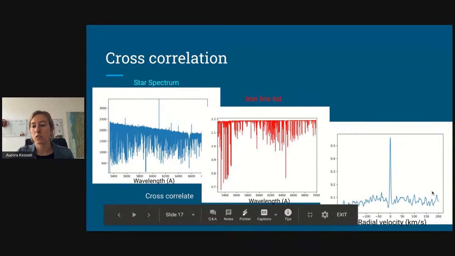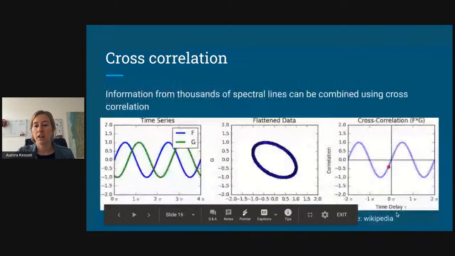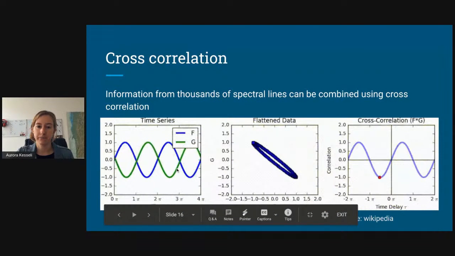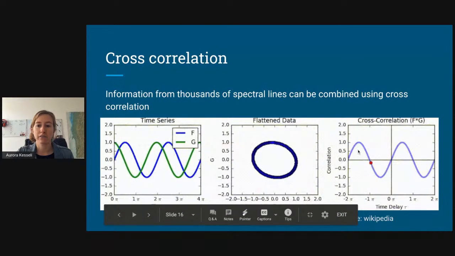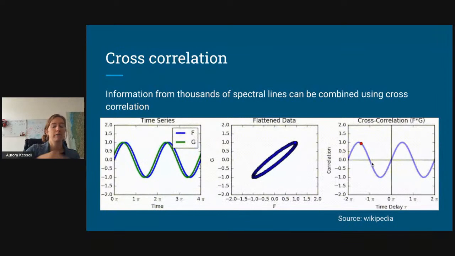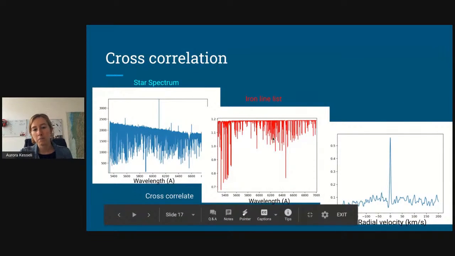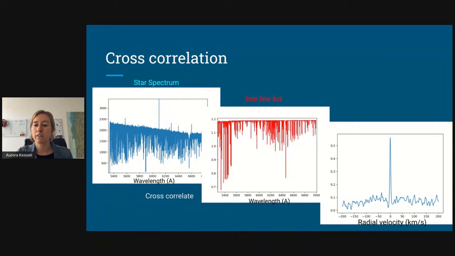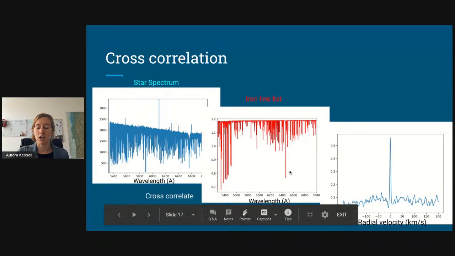This is what the cross-correlation function shows. Unlike in the previous slide, where we had multiple peaks because we were sliding back and forth, there's one peak where the two match perfectly. This peak gives me a measurement of the radial velocity with a much smaller uncertainty than I would ever be able to get from a single line.